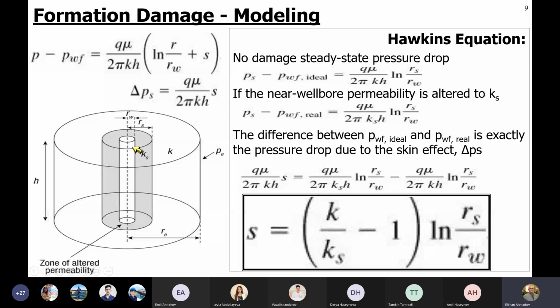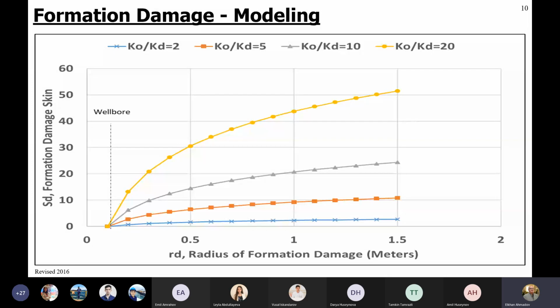And here is another application of damaged skin, estimation of damaged skin on the wellbore effect.